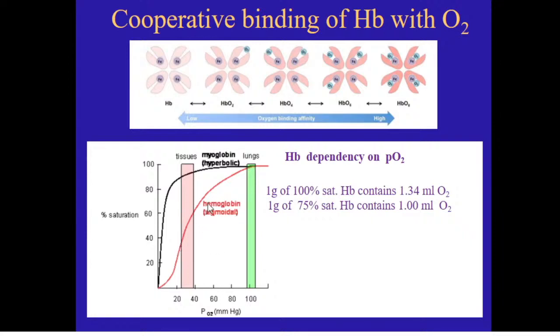But when partial pressure is higher, like in lungs, it is completely saturated. So in lungs, due to the cooperative effect, hemoglobin has high affinity to oxygen, and when it goes to the tissues, this affinity is decreased, and it creates the situation when oxygen can diffuse to the peripheral cells.